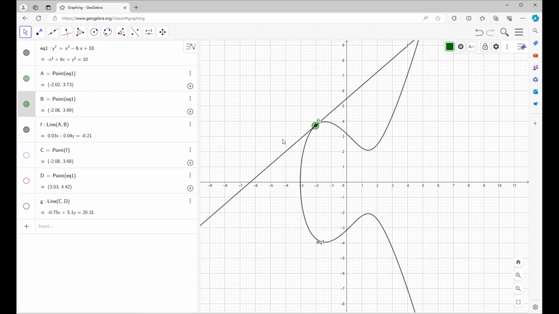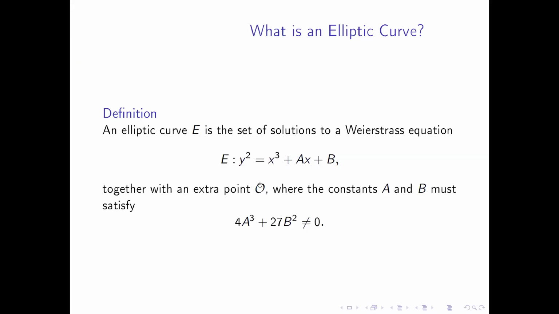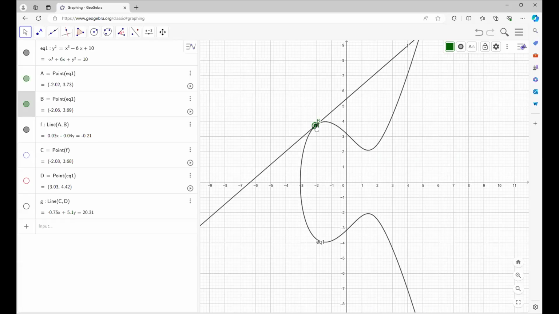But the question comes, what's the identity? Where's the second point that I would get? Well, that's where we had the notation. Let me go back to it. Add this O notation. This is going to be infinity. So where is infinity if we're looking on our graph? Infinity's up here, way up high.